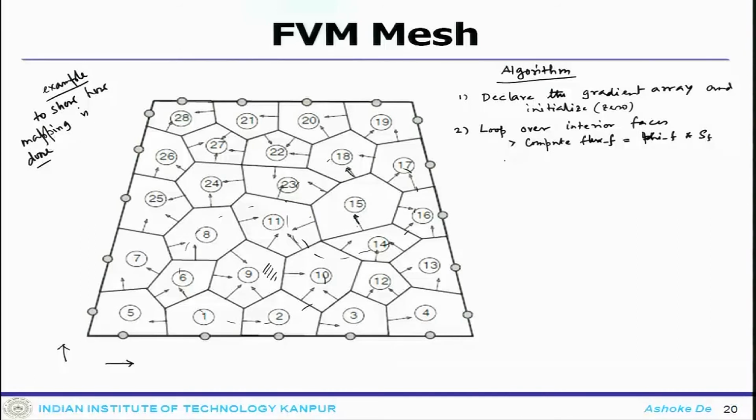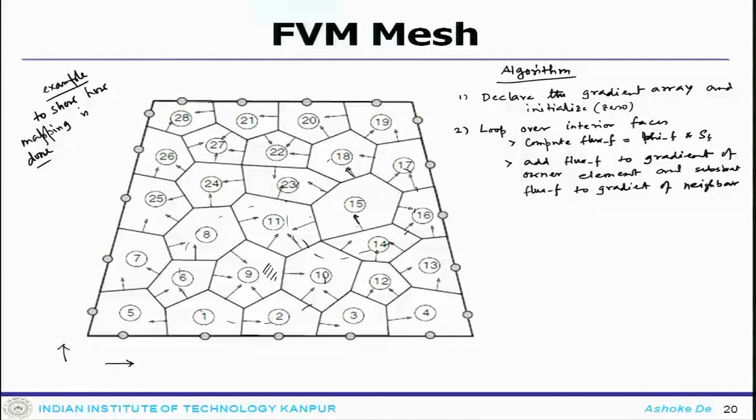Once you compute the flux, then you add this flux to the gradient of the owner element and subtract the flux from the gradient of the receiving element or neighbor element.